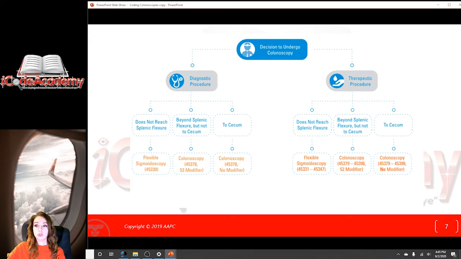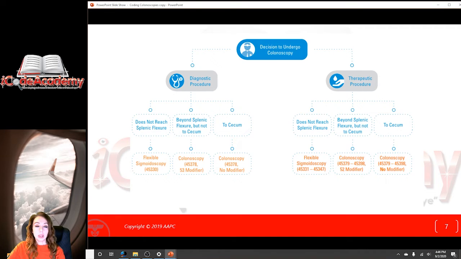This decision tree is really going to help you as far as your code selection when it comes to how far the procedure went through the colon, if it reached the splenic flexure, if it went all the way to the cecum, how far the procedure went. And that's going to help you determine if it is a full-on colonoscopy or if it is going to be considered a flexible sigmoidoscopy. And then if you need a modifier or no modifier.